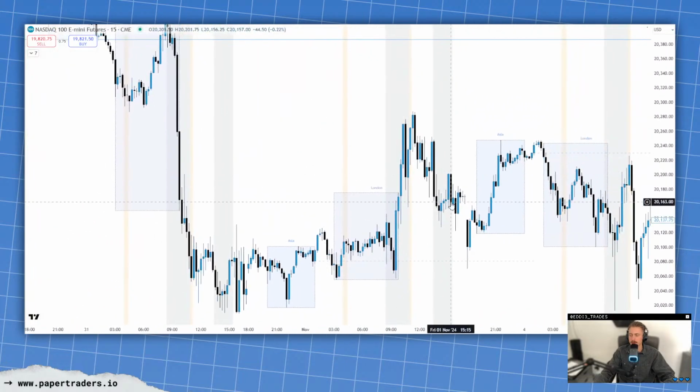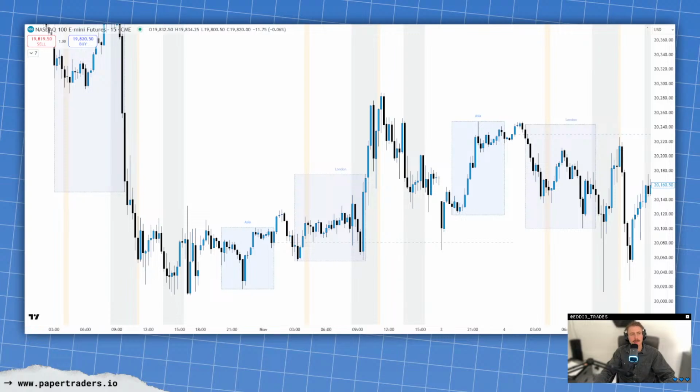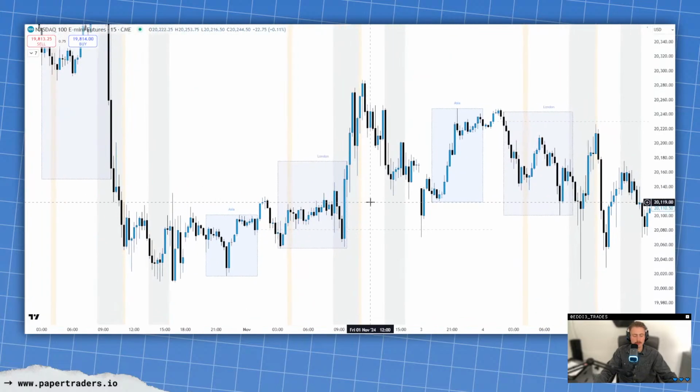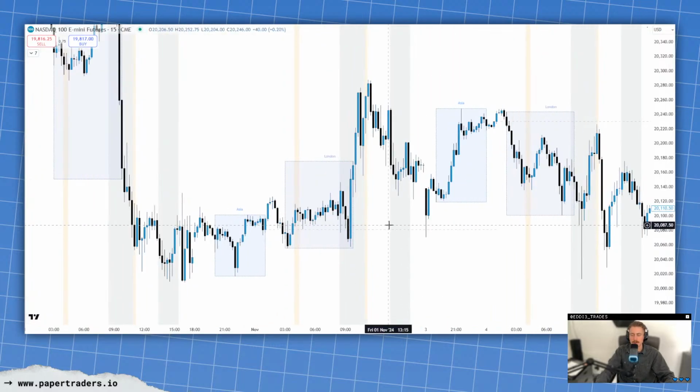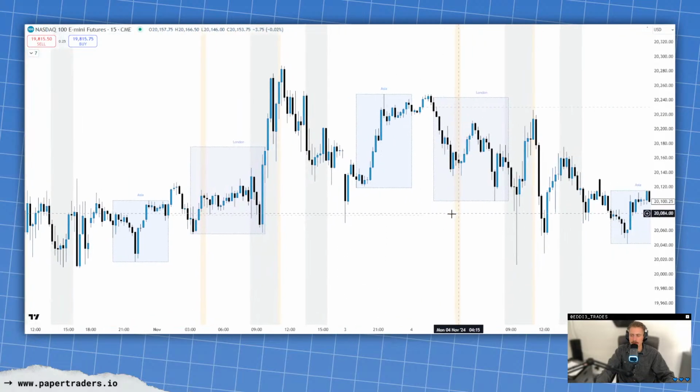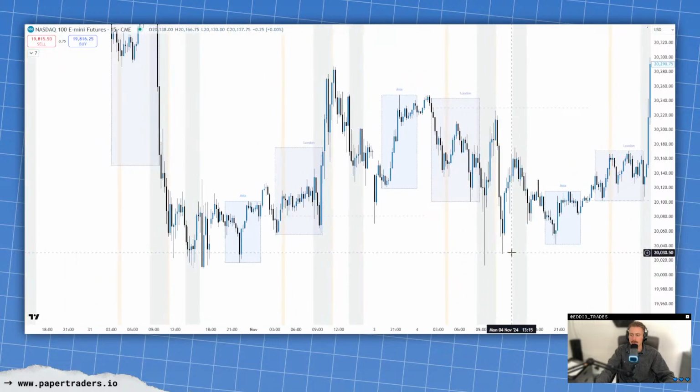I will say breaker blocks are not like my forte. I've learned about them, but I haven't put a lot of time into them just because it doesn't really line up with my trade. But order blocks are really good, and fair value gaps are probably the two things that you need to learn about ICT. Well, combined with trade entry, the three things that you need to learn with ICT, and that will be literally your golden key for anything.